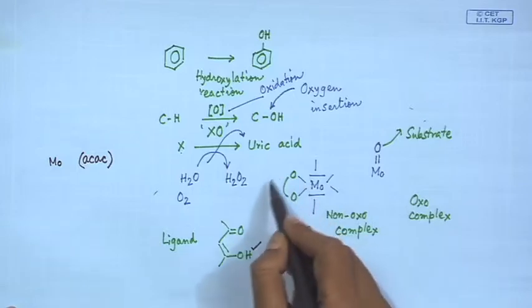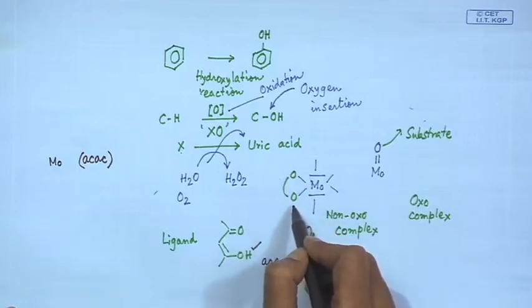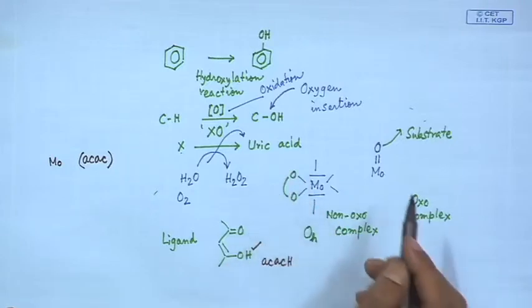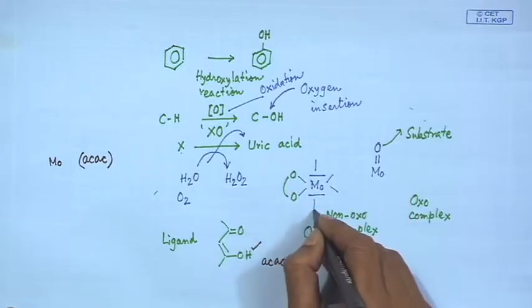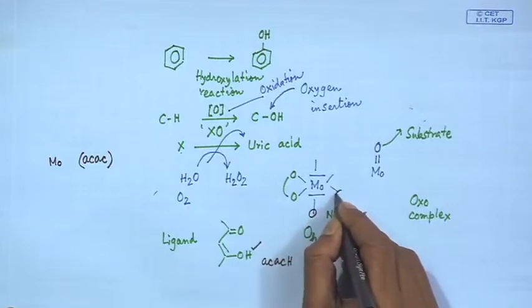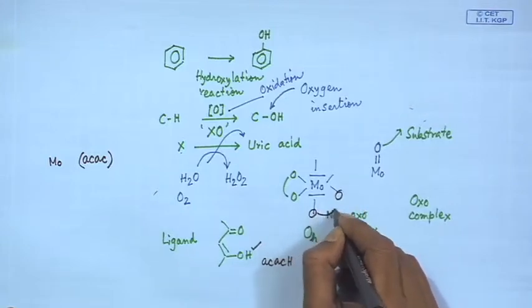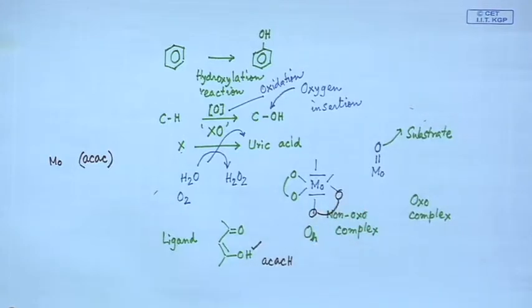So, on the left one such acetyl acetonate anion is coordinating to the molybdenum center, and on the right we have another acetyl acetone system.